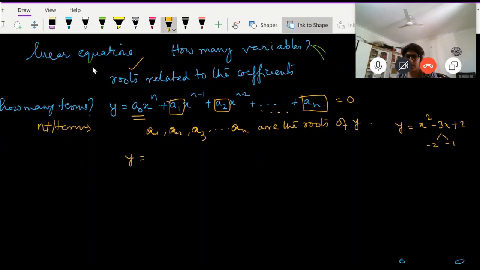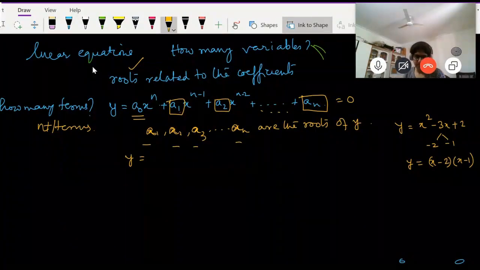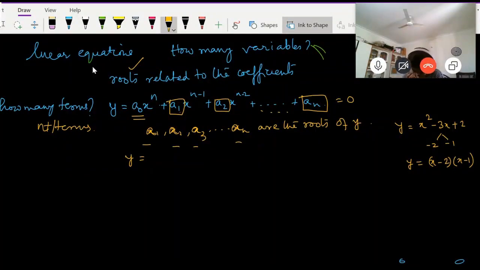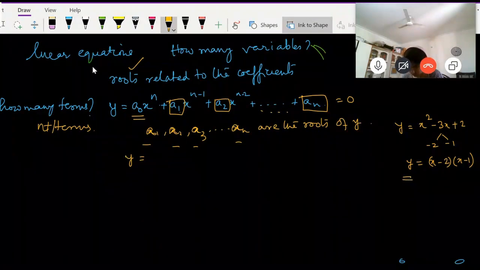So we can write this as y equal to x minus 2 into x minus 1, where 1 and 2 are the roots of the equation, right? So if a1, a2, a3, an are the roots of the equation here, then how can I write y in this form?